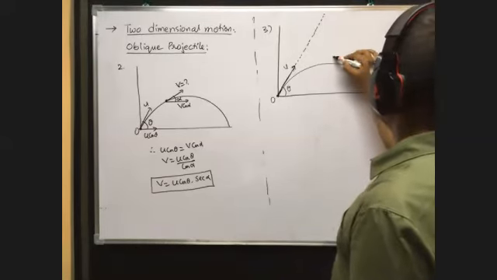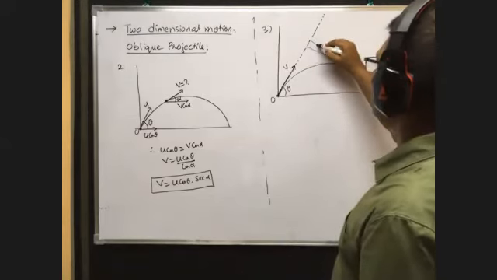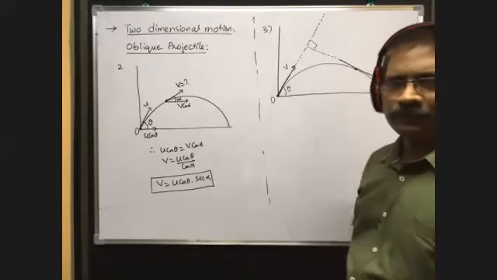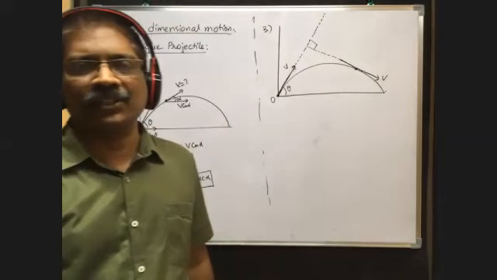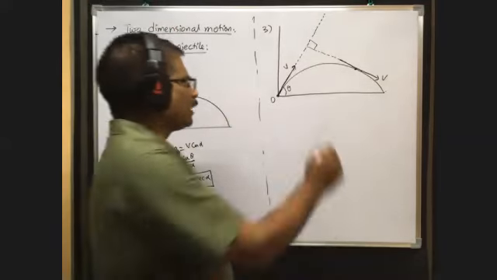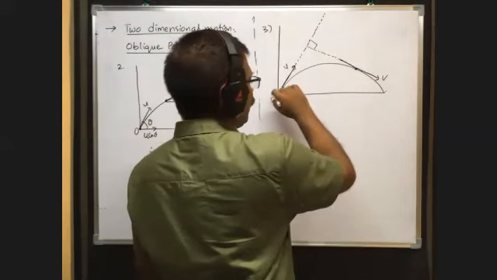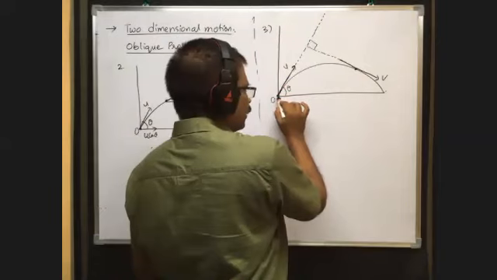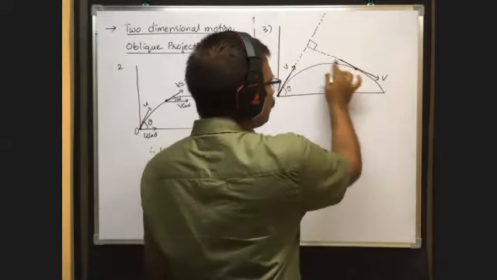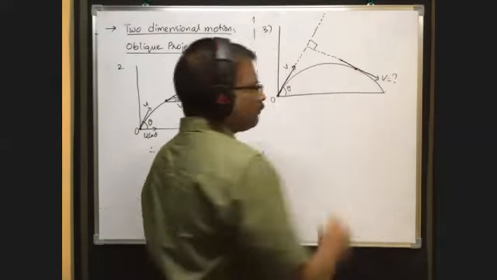If you extend this line in the backward direction, then its velocity direction becomes perpendicular to the initial direction of motion. After the oblique projectile is thrown into space from the point of projection, whenever its direction of motion becomes perpendicular to the initial direction of motion, what is the velocity of the oblique projectile at that instant?